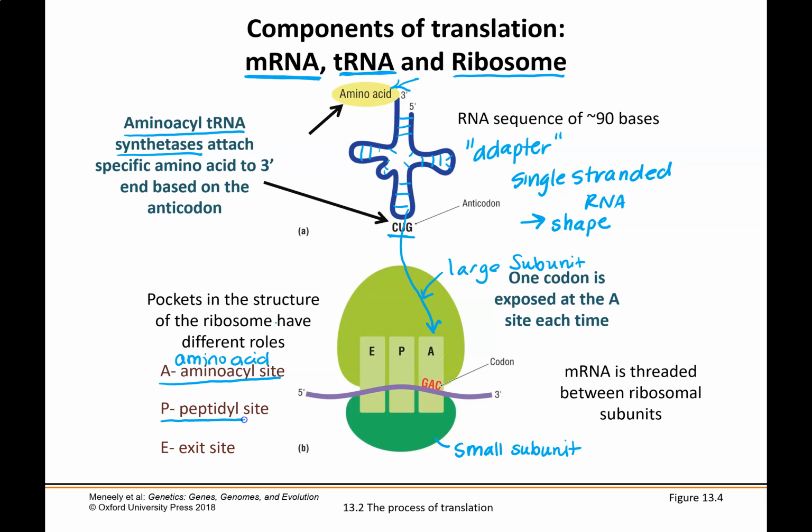The peptidyl site, or I like to remember it as the peptide site, is where we are actually going to grow our amino acid chain, and we'll talk about how that happens in a minute. And then the exit site, or the E site, is where the transfer RNA that no longer contains an amino acid actually leaves from the system.